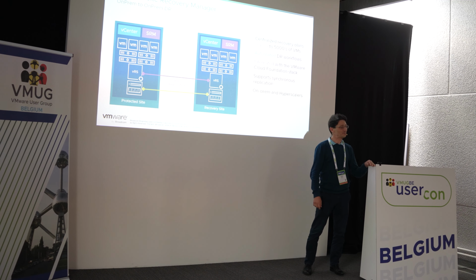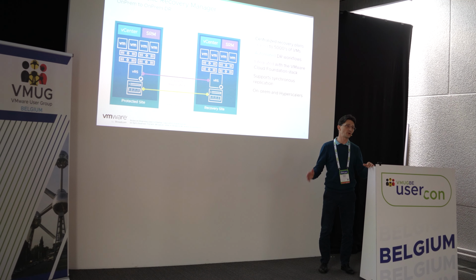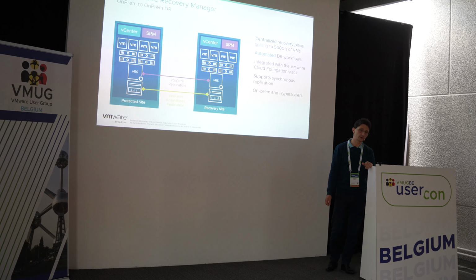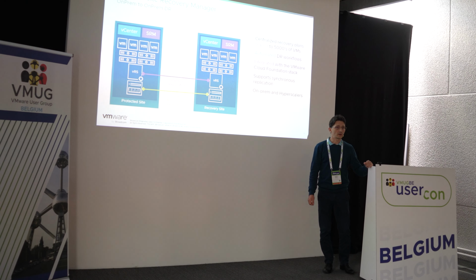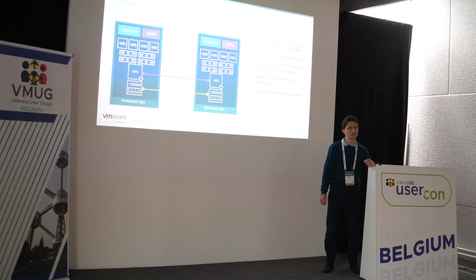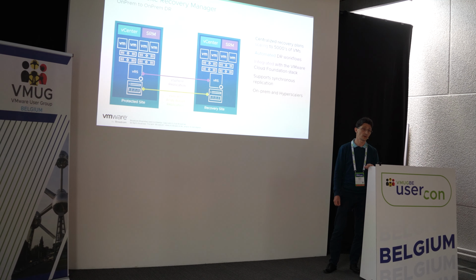Okay. So SRM's strength is on-prem to on-prem protection and recovery. So it's based on vSphere replication from one side or vVols and array-based replication. And its main advantages basically are the large number of VMs per recovery plan, so at the moment up to 5,000 VMs.